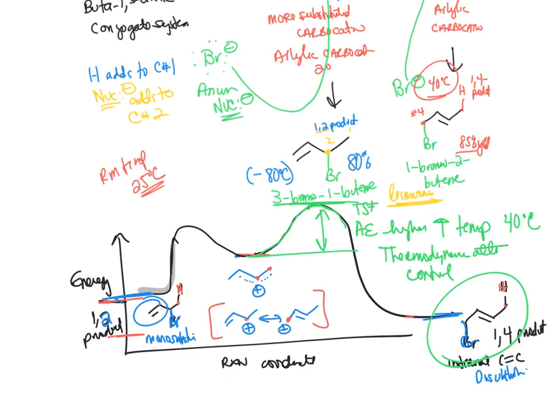If you do it at cold temperatures, you have a lower activation energy to overcome at the transition state. At -80, you can actually get your kinetically controlled product because this will form faster, but this one's more stable. That's energetically the concept of kinetic control versus thermodynamic control.